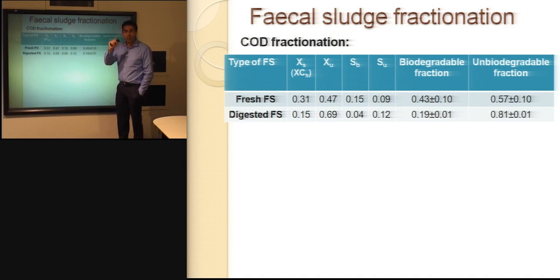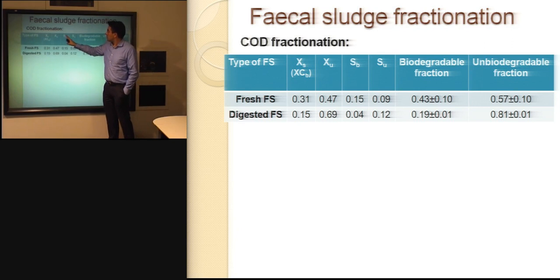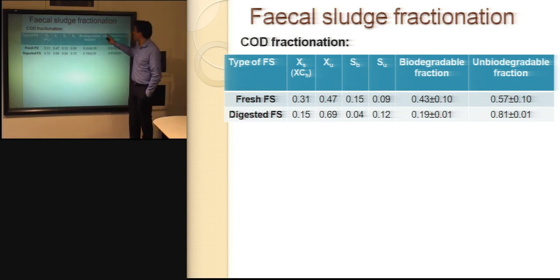We can use these two concepts and combine them with the biodegradable or unbiodegradable nature of those compounds and get more information about how and in which way these fractions of organics can be removed in an activated sludge or in any other wastewater treatment system.